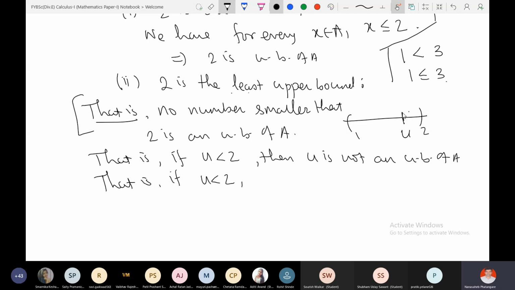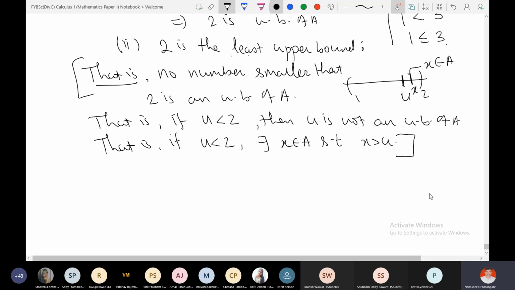When we say that U is not an upper bound, there exists an element of A greater than U. So there is x in A which is greater than U. That means some members of the set are greater than U, so it cannot be an upper bound. One element is sufficient: at least one element from the set greater than U is sufficient to say that U is not an upper bound. So this is what we want.